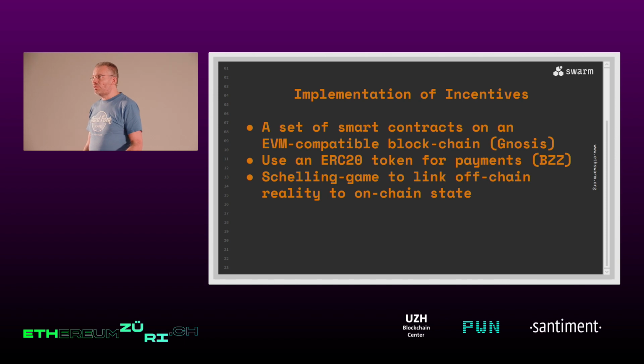And the way the whole thing is implemented is a shelling game. This is how you make the smart contracts aware of what is happening off-chain, namely in the storage itself. Shelling games are a standard way of making smart contracts aware of some state of the world which is outside of the blockchain.